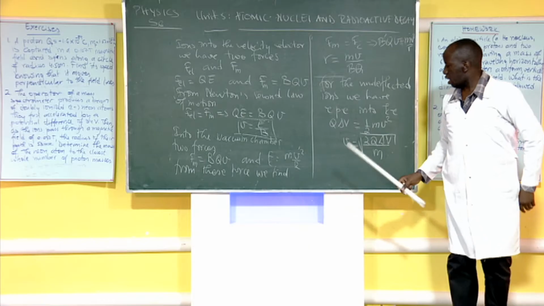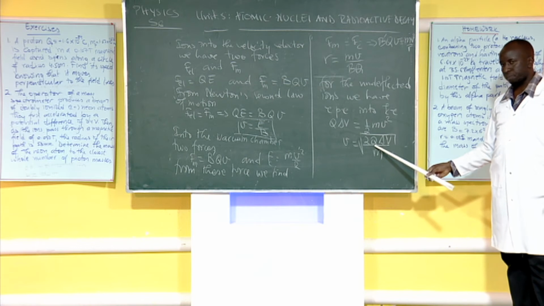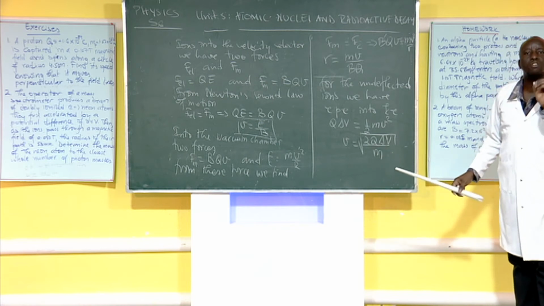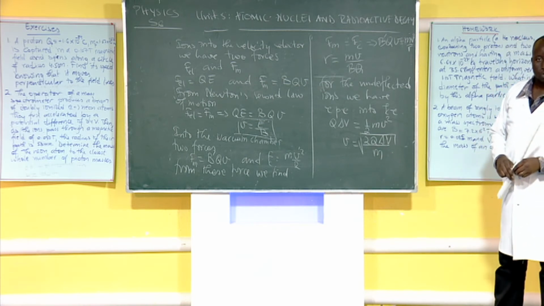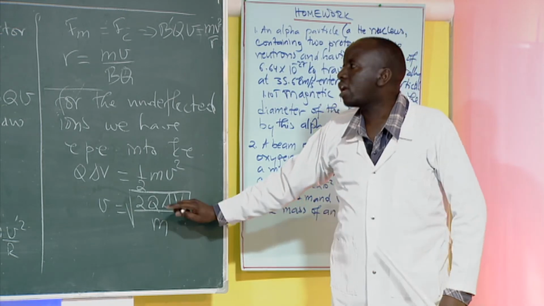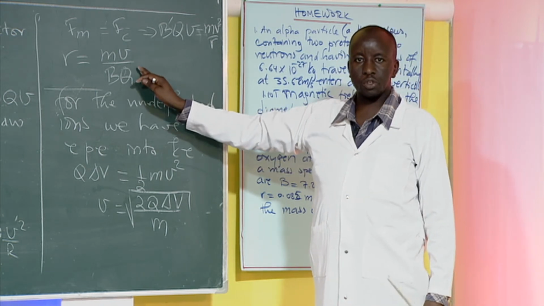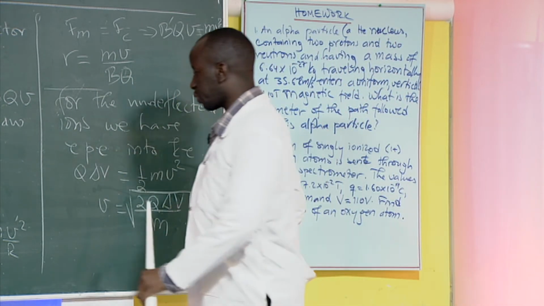Okay. Now, students, I hope this velocity is the velocity for these undeflected ions. So let's now use this velocity, and substitute it into that expression. And then what do we find?